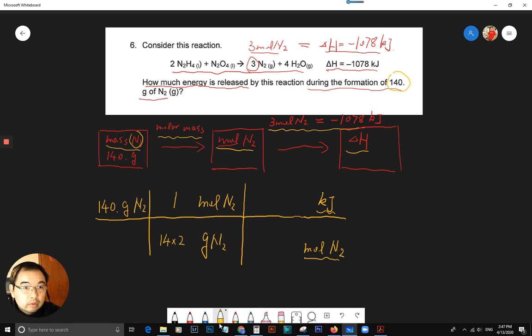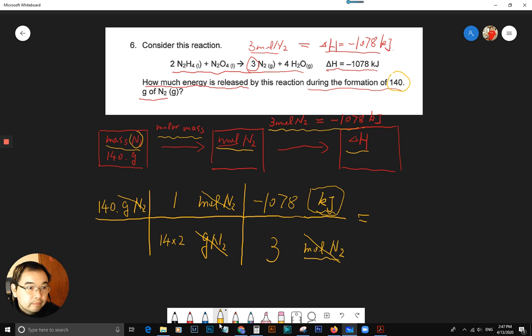So we have 3 mole of the nitrogen can produce 1078 kilojoule of the heat. Based on the equation, we can see the gram of the nitrogen and the gram of the nitrogen are cancelled. Mole of the nitrogen and mole of the nitrogen are cancelled. The unit left is kilojoule, which is what we need, right?